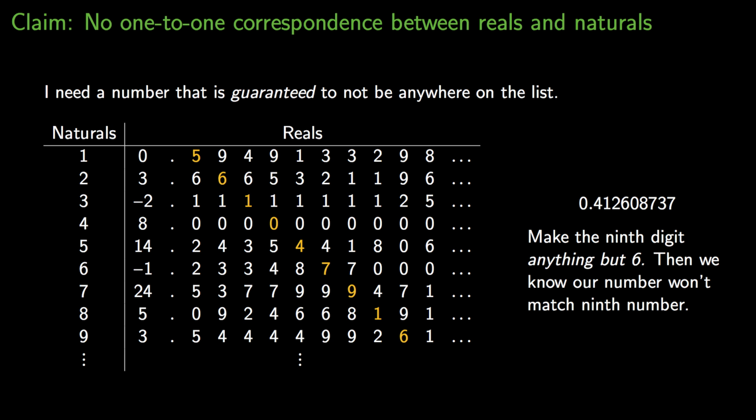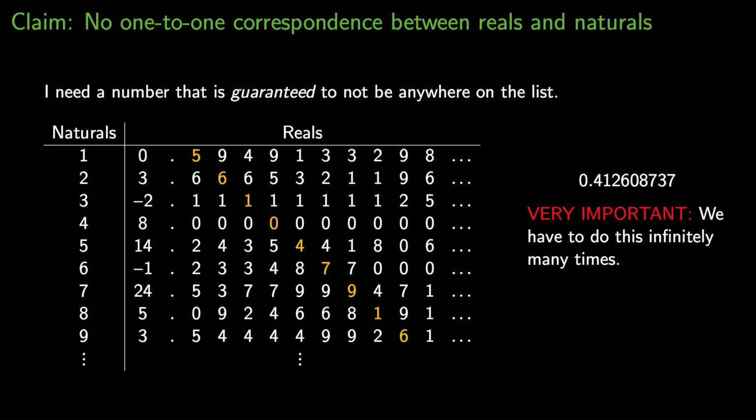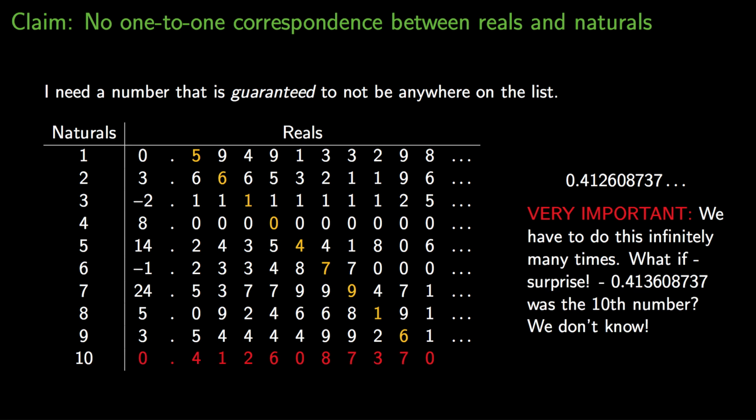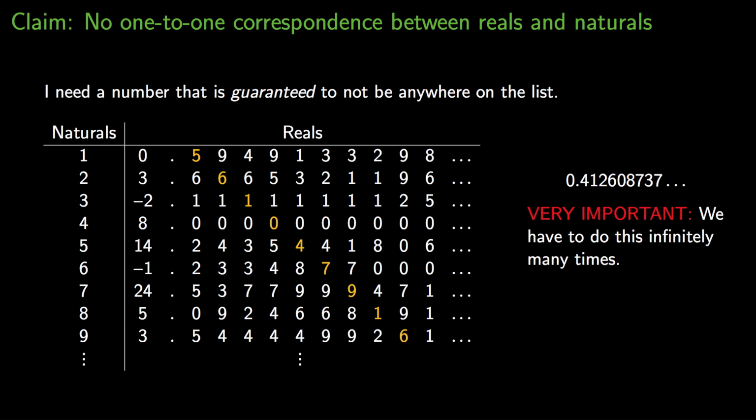But there's something really crucial here, or this proof doesn't work. You have to do this infinitely many times. We indicate that by putting a ... after the decimal number. Now we have to do this because we need to make sure that this decimal number that we are creating is not equal to the 10th, 11th, 12th, 13th numbers, all of the numbers that are on this list, even though we can't see them because we didn't write them down.